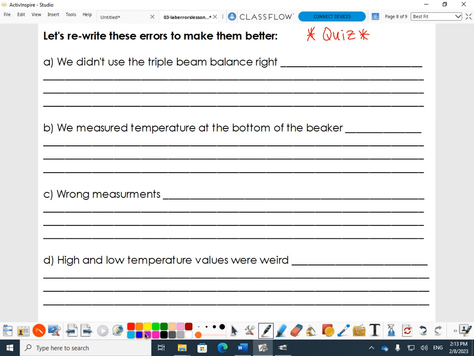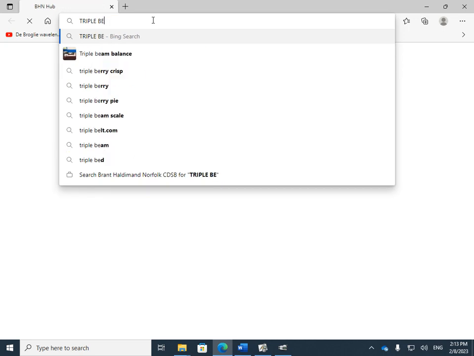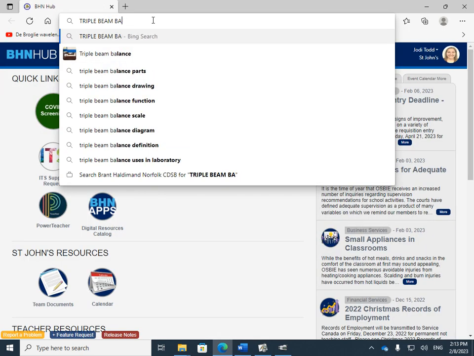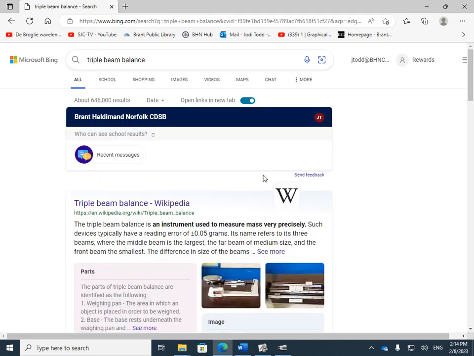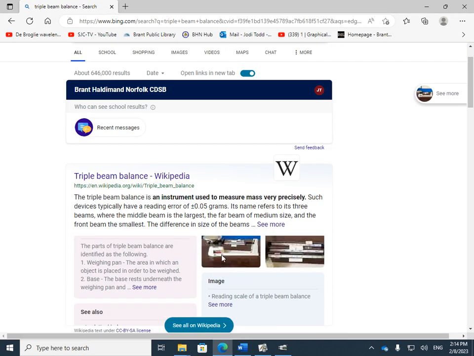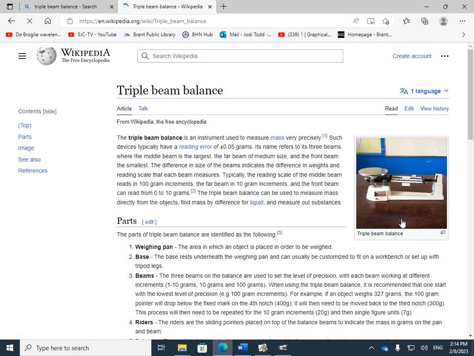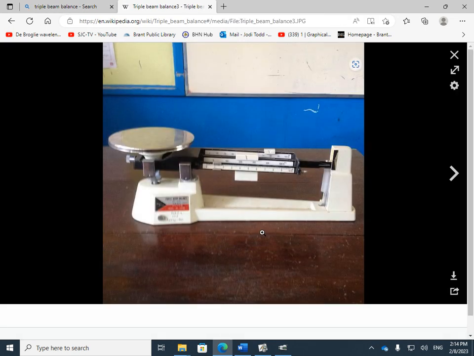So when you use the triple beam balance, let me see, in case you never got to use one. This is exactly what ours look like. They're beige like this, and you put your sample on here, and you have to move these across and make it line up here.